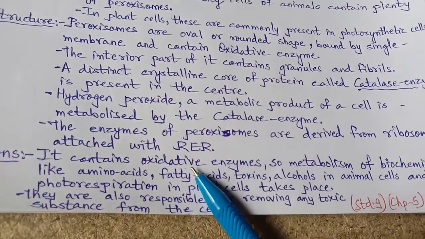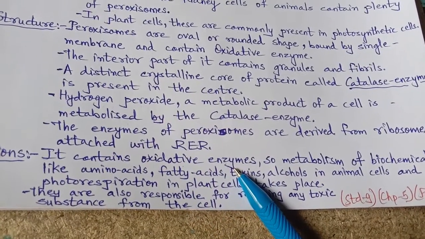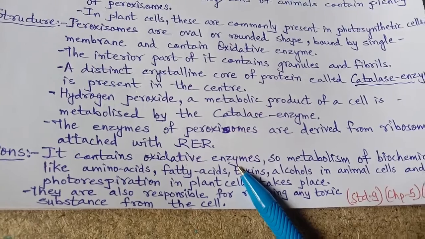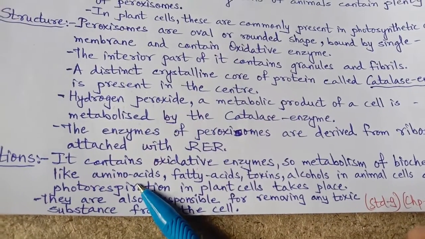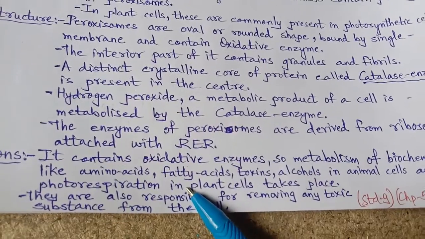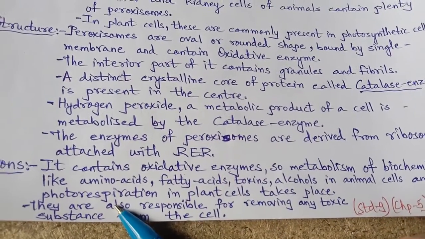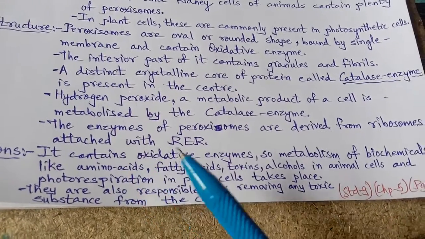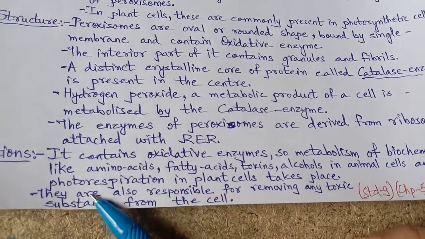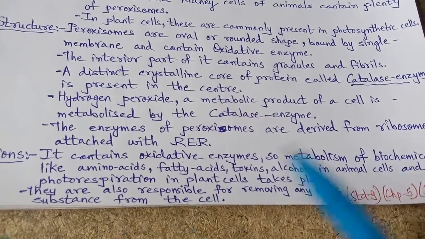And because of these peroxisomes, which are rich in oxidative enzymes, the metabolism of amino acids, fatty acids, toxins, alcohols in animals, and photorespiration in plants is carried out by this organelle. They are also responsible for removing toxic substances from the soil.